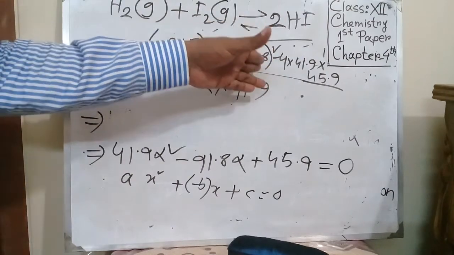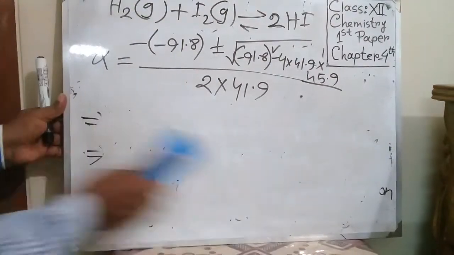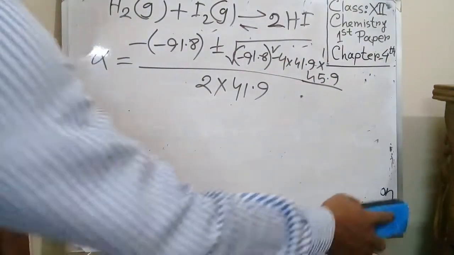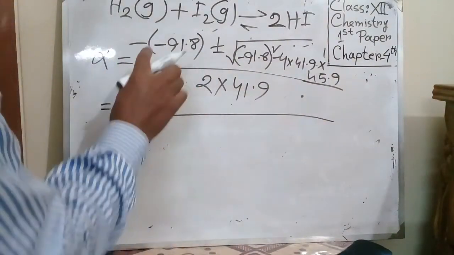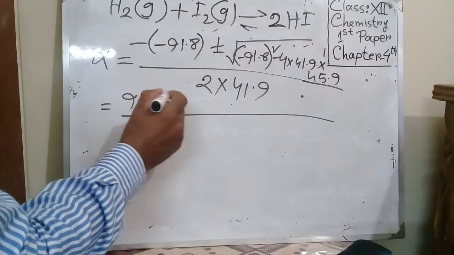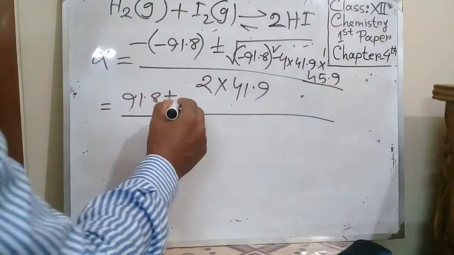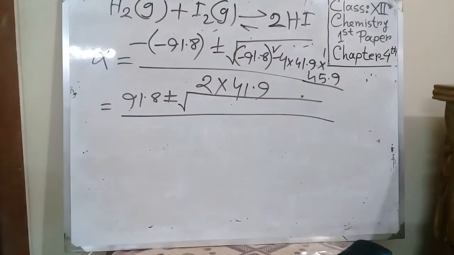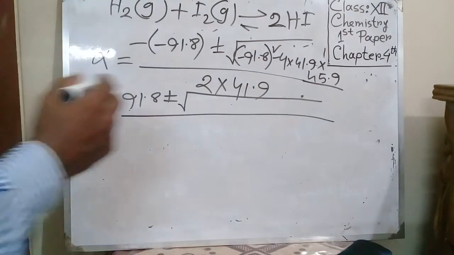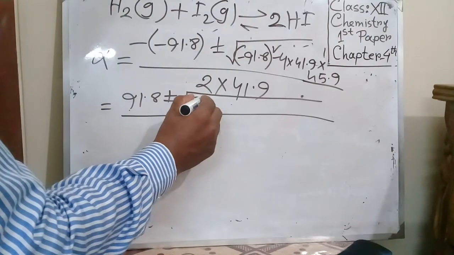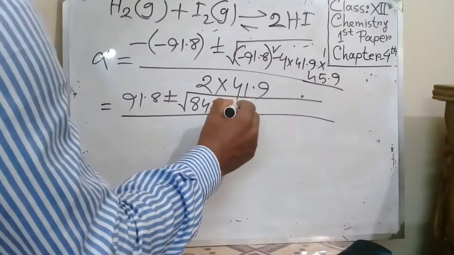Now we need to simplify this one. You just square and multiply, then you can get the value. I have already calculated, and you will verify at your home. Then I can write here: plus 91.8 plus minus root over 91.8 squared, which will be 8427.24.